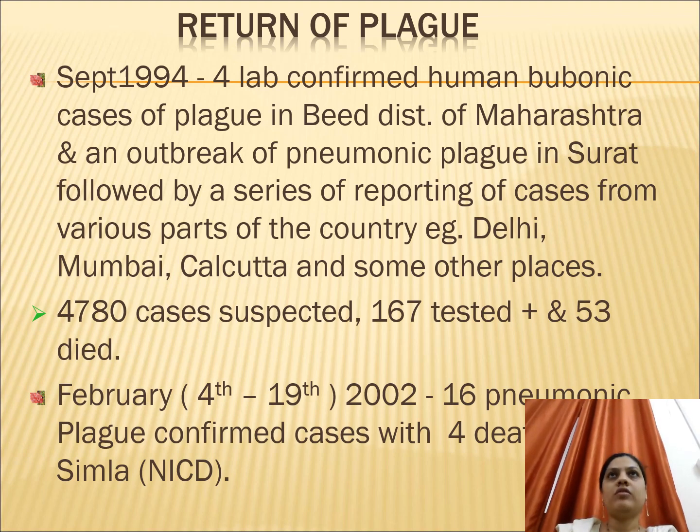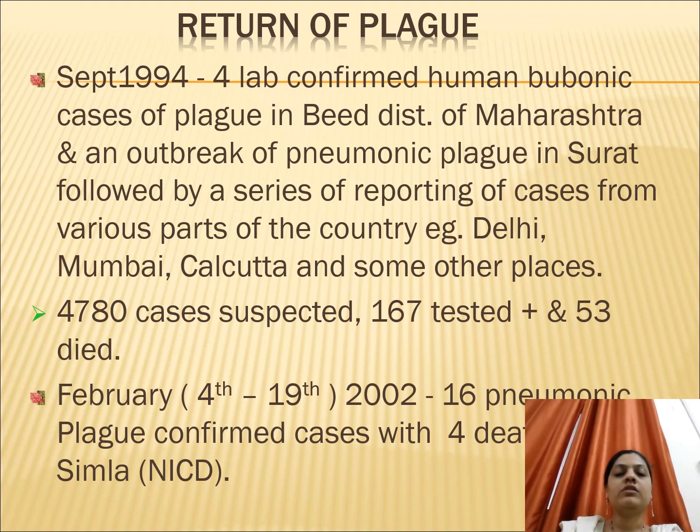Now, what happened in 1994? In India, there was a return of plague. Four lab-confirmed human bubonic cases of plague were reported in the Beed district of Maharashtra, and an outbreak of pneumonic plague in Surat, followed by a series of reports of cases from various parts of the country like Delhi, Mumbai, Kolkata, and some other places. 4,780 cases were suspected, out of which 167 tested positive and 53 patients died.